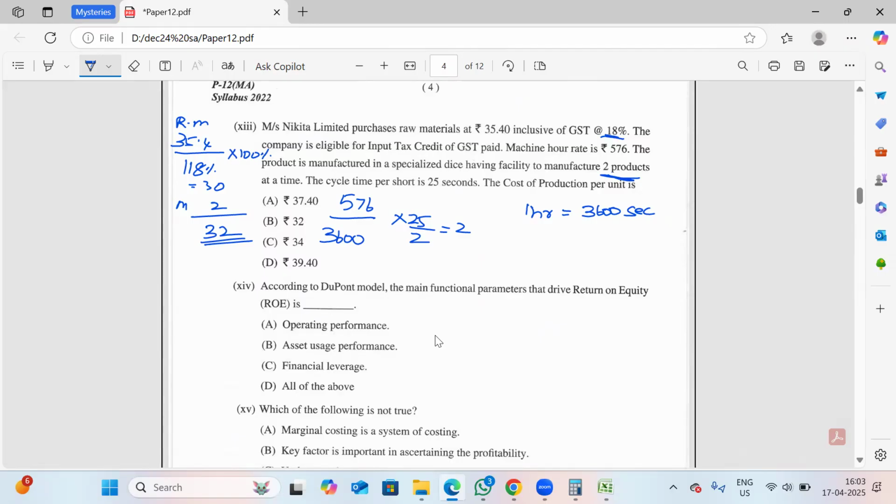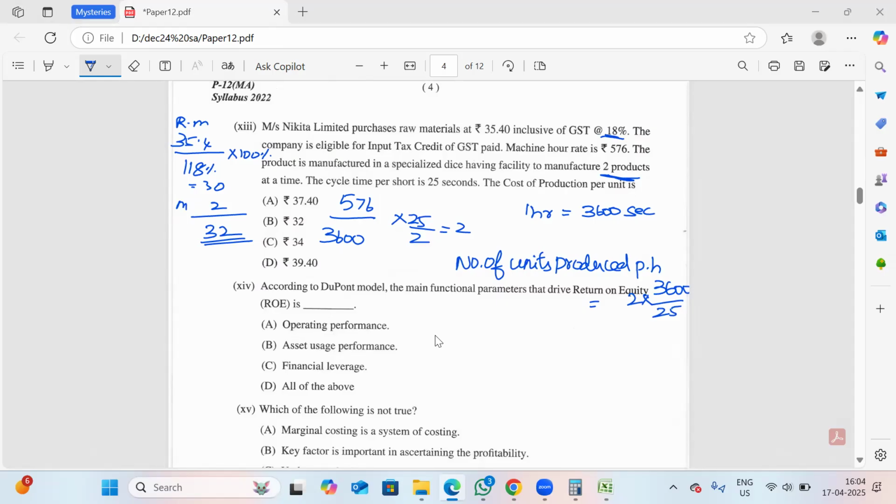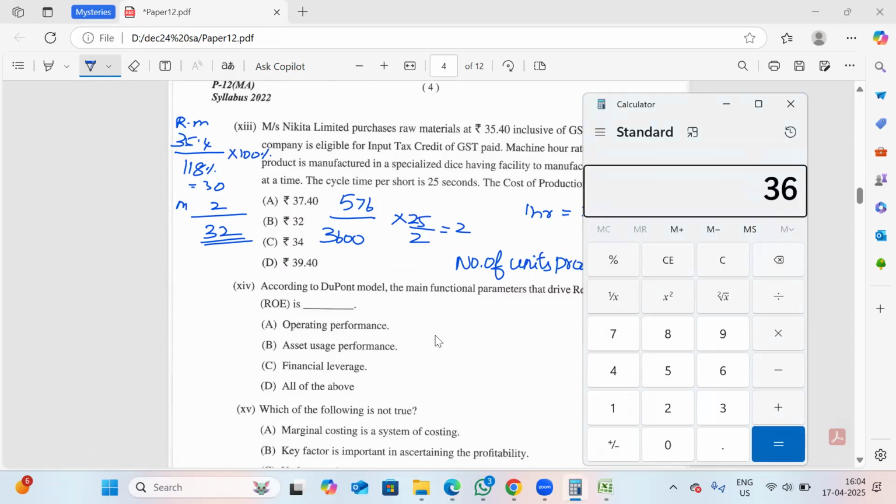Or else you can calculate the same thing by calculating the number of units produced per hour. So how will you calculate? 3600 divided by 25 into 2. So you will be getting 288 units.